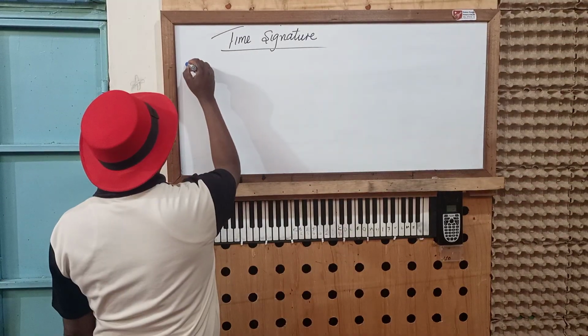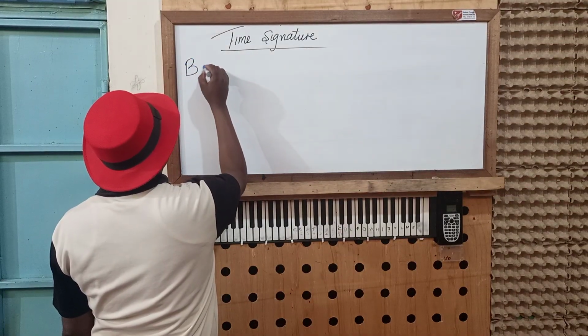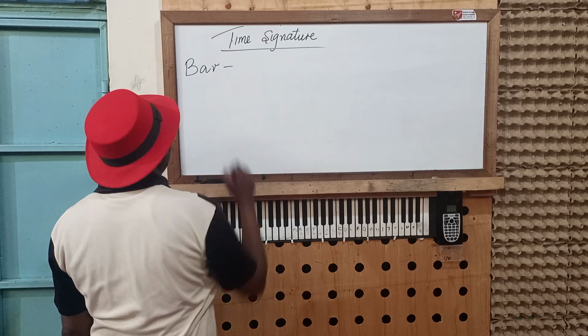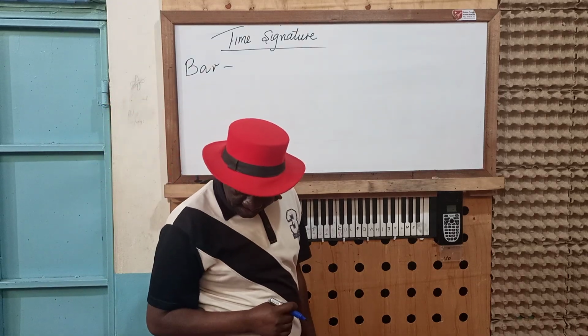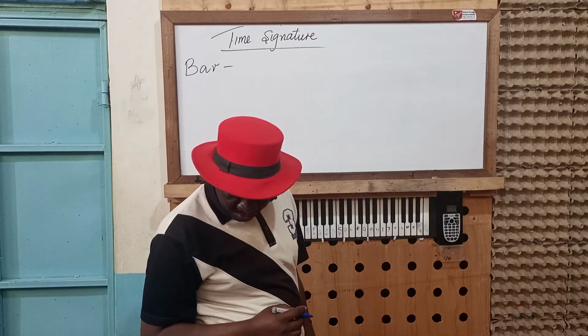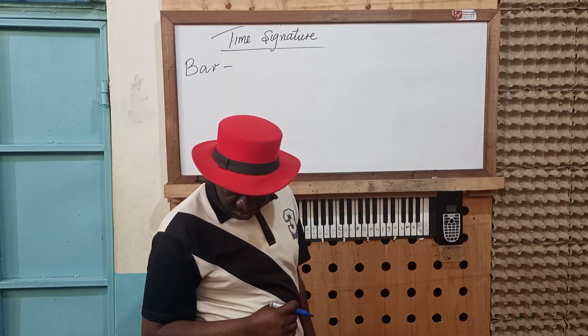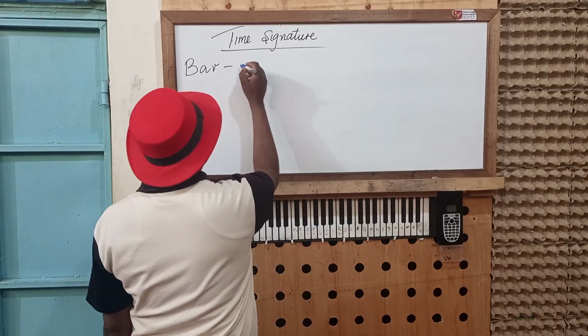One of them is a bar. What is a bar? A bar is a section of stuff that holds a certain number of beats.